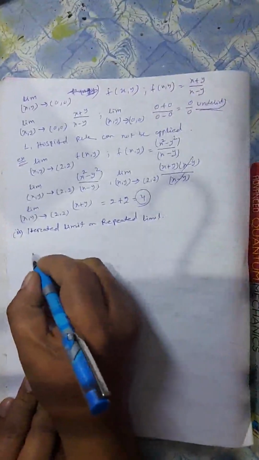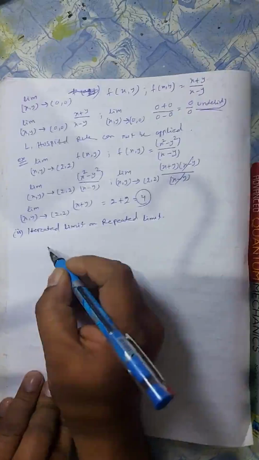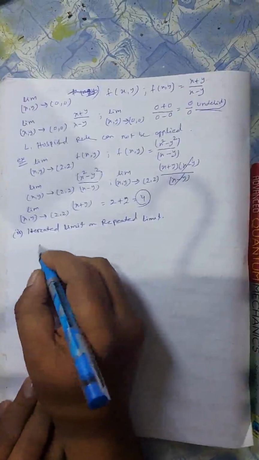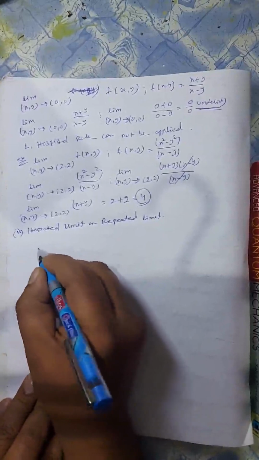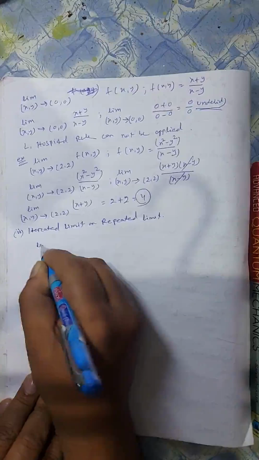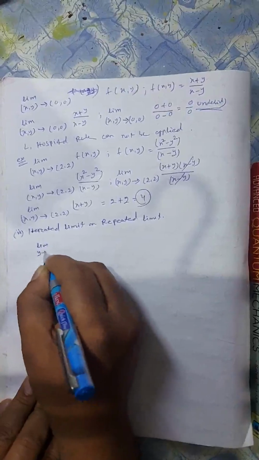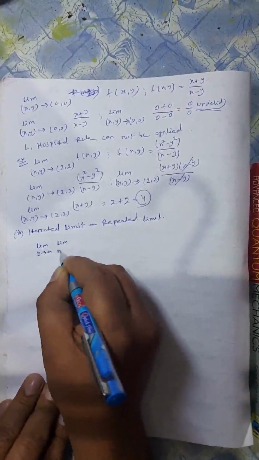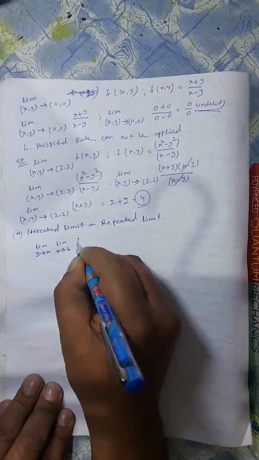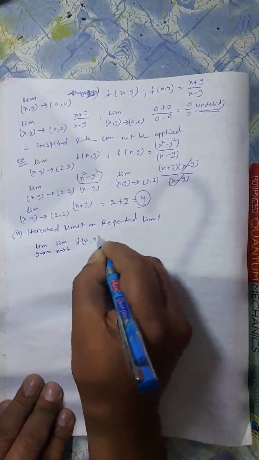Suppose I tell how we make the change: limit y tends to a, limit x tends to b, of the function of x,y.